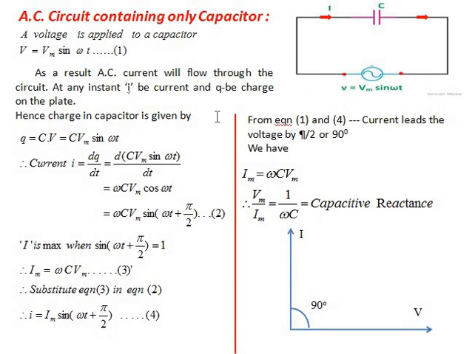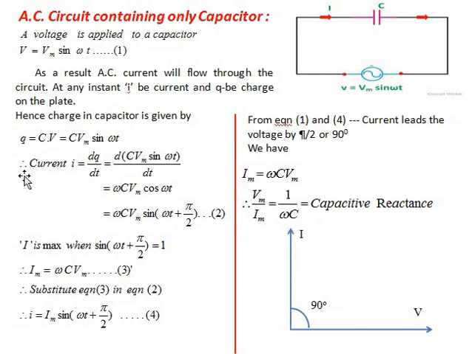Let I be the current and Q be the charge on the plates of the capacitor. So we know the relation Q is equal to C into V, and substituting the value of V from equation 1, it becomes C into Vm sin omega t.